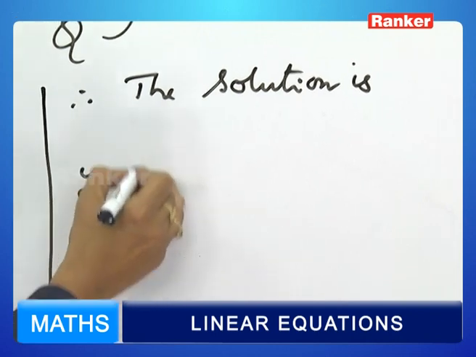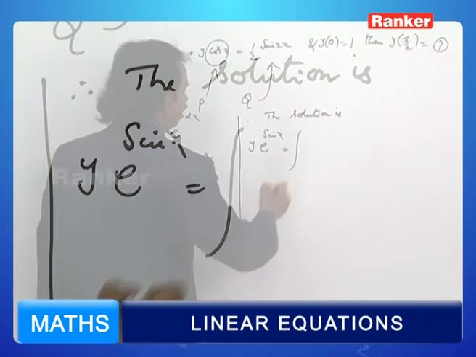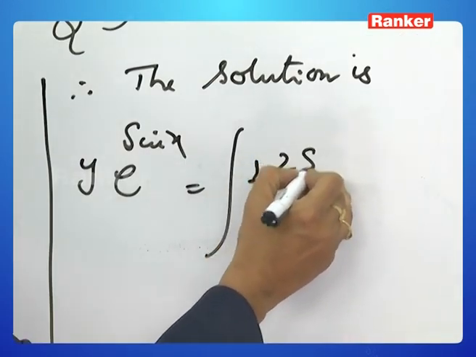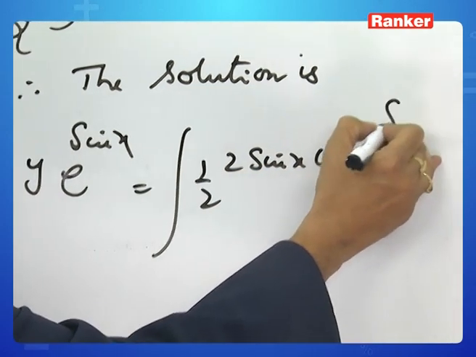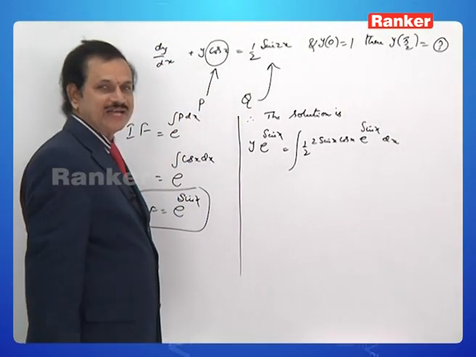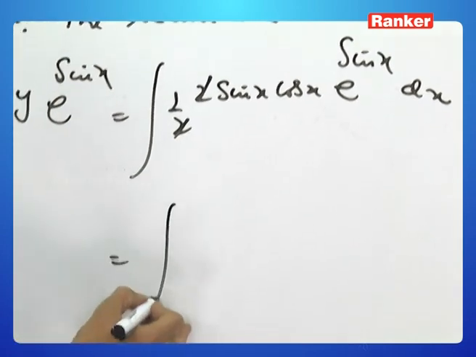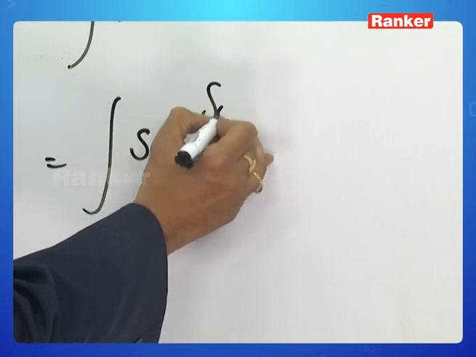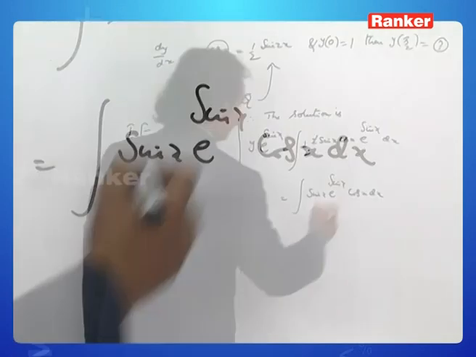y into e power sin x is equal to q into, what is q? Half into sin 2x, half into 2 sin x cos x into e power sin x dx. You can cancel this too. This is nothing but sin x into e power sin x into cos x dx. Am I right?